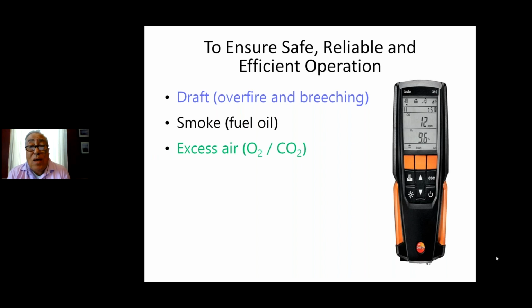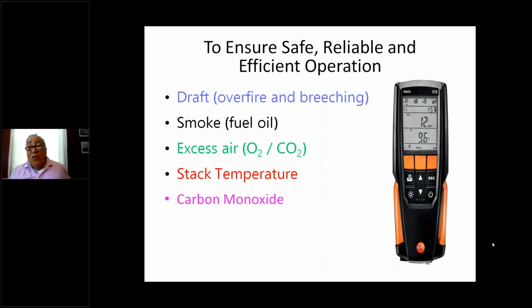We want to minimize the excess air, and we do that by testing the O2 and the CO2. Either or both will tell you the presence of excess air. And we want to look at stack temperature. We want to look for carbon monoxide, and again, we want to minimize that.